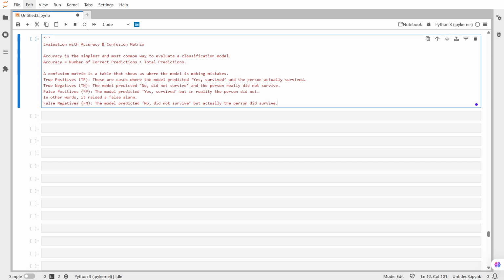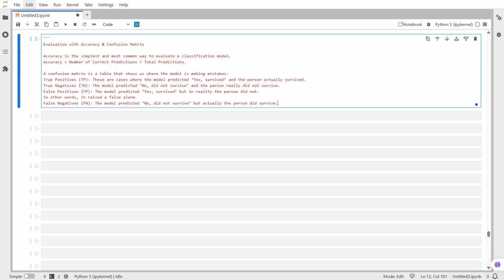Why is this useful? Because now we don't just know how many predictions were correct, we know what kind of mistake the model is making. For example, if there are too many false positives, the model is too optimistic, predicting survivals when it shouldn't. If there are too many false negatives, the model is missing real survivors.